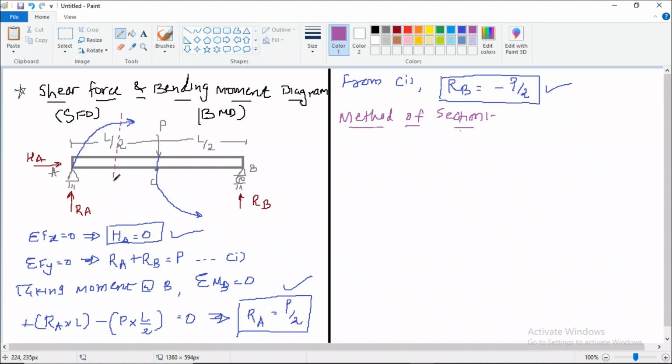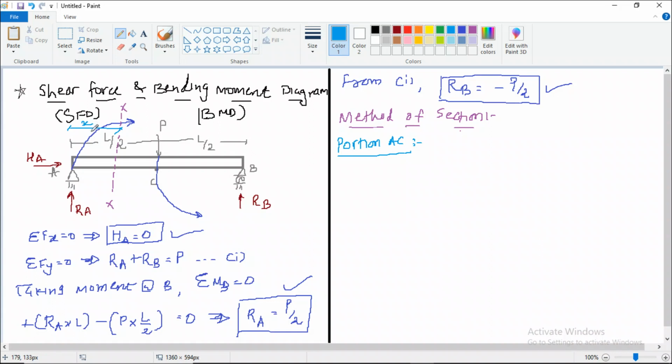I am drawing a section XX in the portion AC. We considered a section XX in portion AC at a distance x. Let us say this distance is x from point A.